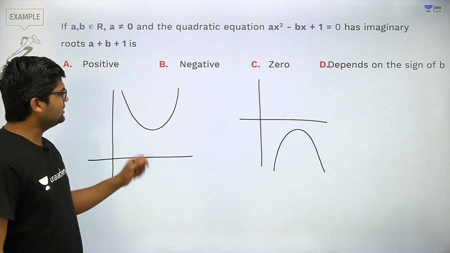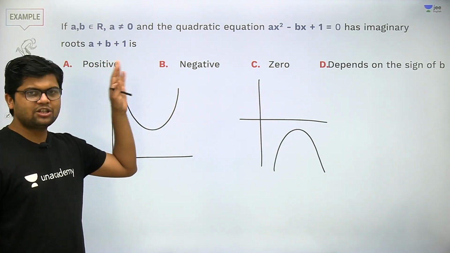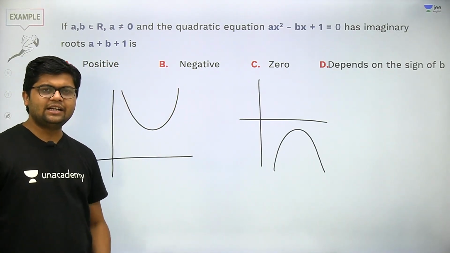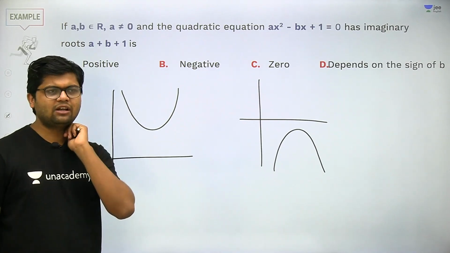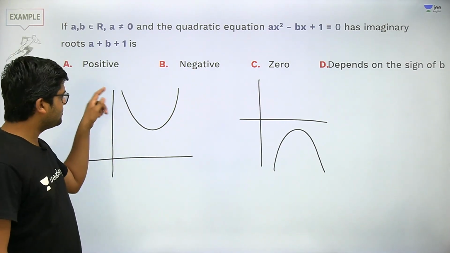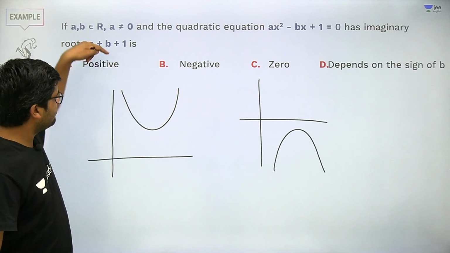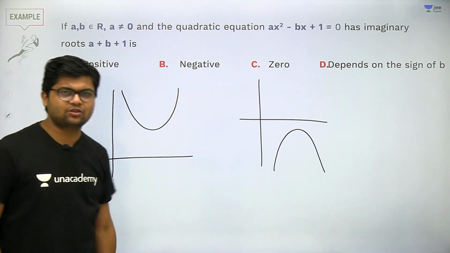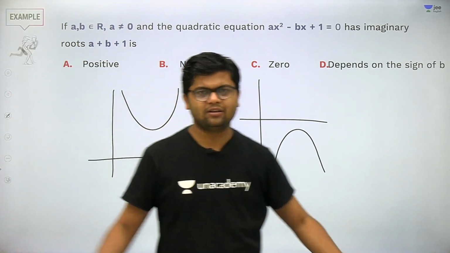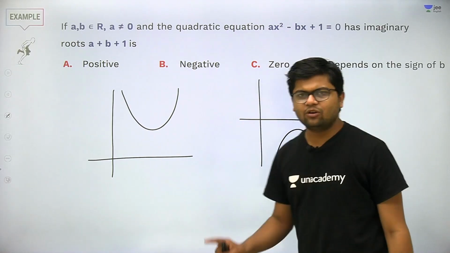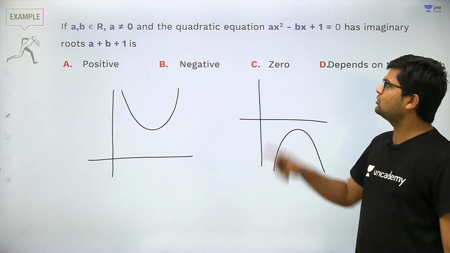So if someone says that an equation has imaginary roots and its value is positive at 0, it means it will be positive for all inputs, positive for the real domain. Getting my point? Therefore I will use this concept to solve this question.